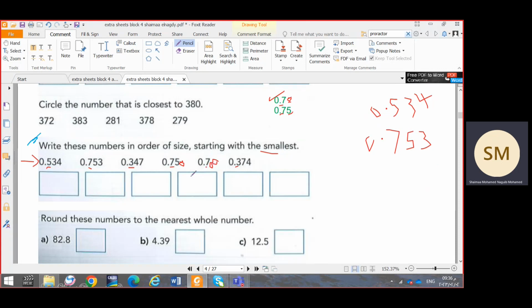So I will start يعني 0.7 هي لما اقول 0.70 او 0.700 it will be the same, it will be equal. So the smallest one is the one that has 3 and there is another 3. So I will start comparing with them.